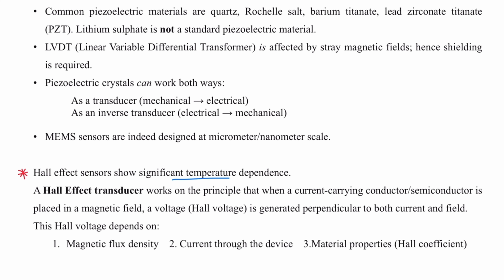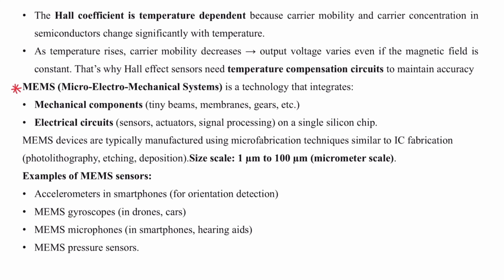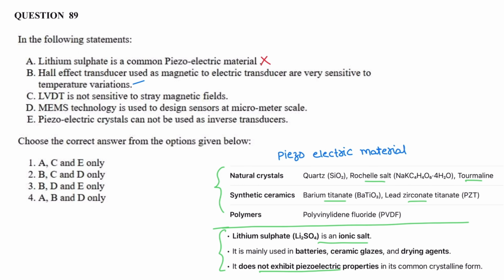This Hall effect transducer works on the principle that when a current carrying conductor or a semiconductor is placed in the magnetic field, a Hall voltage is generated perpendicular to both current and the field. This Hall voltage depends on magnetic flux density, current through the device, and material properties. The Hall coefficient is temperature dependent because carrier mobility and carrier concentration in a semiconductor change significantly with temperature. So, statement B is correct.